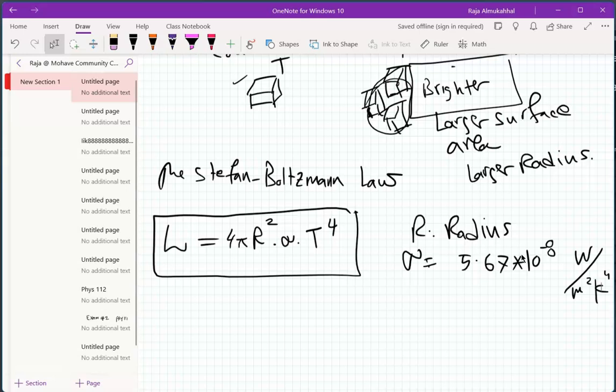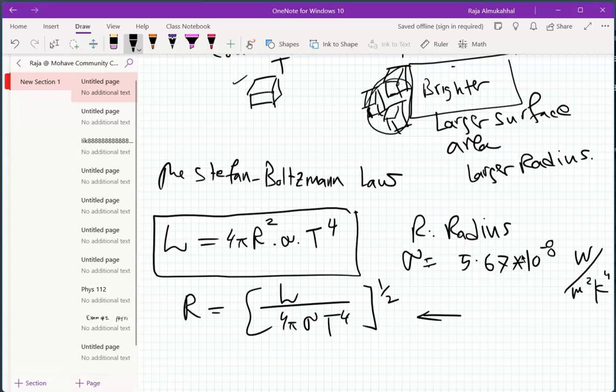With this in mind, I can solve for R, just algebra, and I'll end up with L over 4 pi sigma T to the 4th, all under the square root, or to the power of 1/2. What that means is: give me the luminosity of the star, the power, the energy given off per second, and give me the temperature of the star, and I can use this formula to tell you the size of the star.